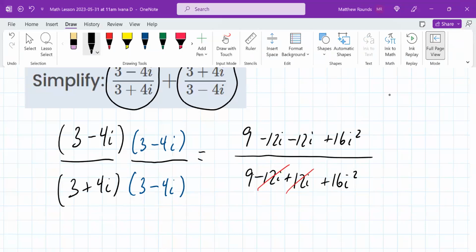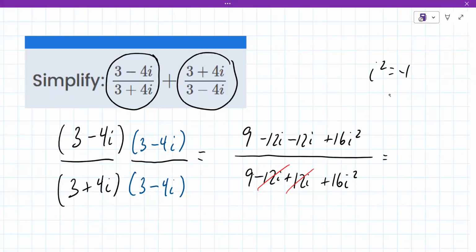And remember that i squared equals -1. Can you tell me what the bottom becomes? 9 plus 16i squared. That's right, but i squared is really -1. So could you fully simplify that for me? Just the bottom.